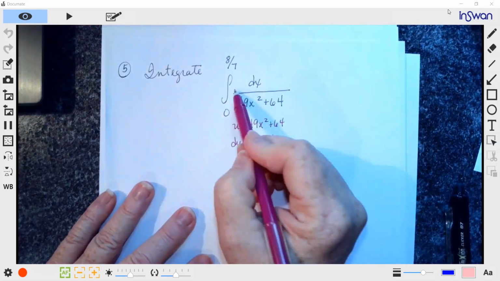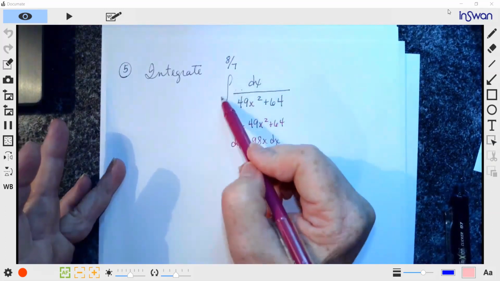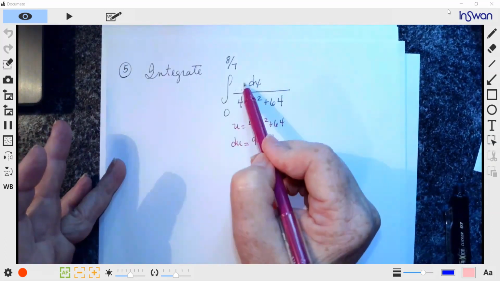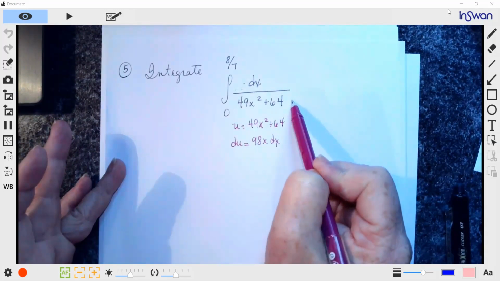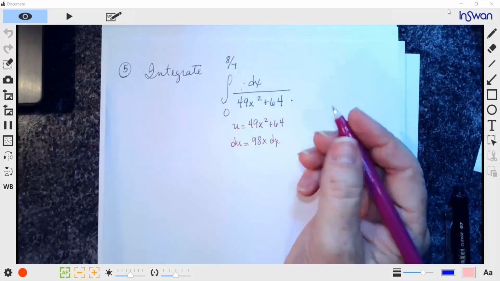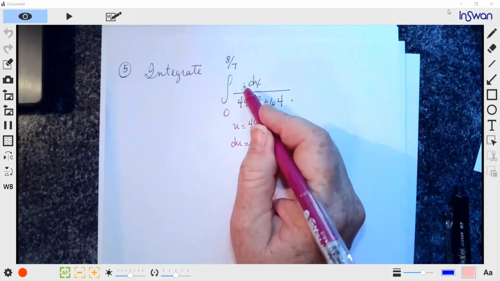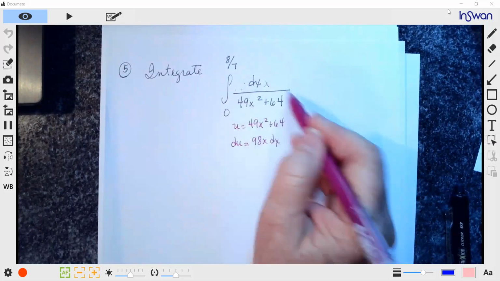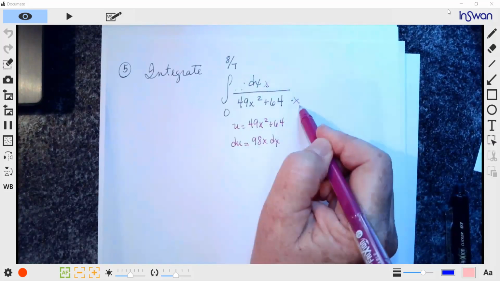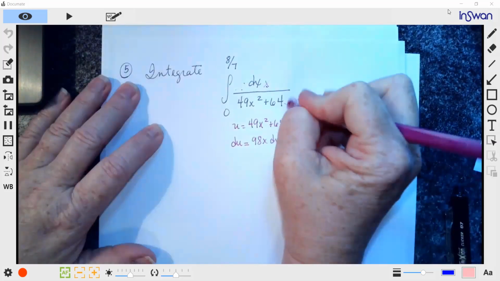And so I would need a 98x up there. The 98's no problem. I can multiply and reverse with a 98. But the x is a problem because if I multiply by x on the inside, I have to divide by x on the inside. You can never factor the variable of integration outside the integrand. And so that probably won't work because if I had to multiply by x here and reverse with an x here, then I've just moved my problem from the top to the bottom. I have an extra x now that I don't know what to do with. So probably not that.